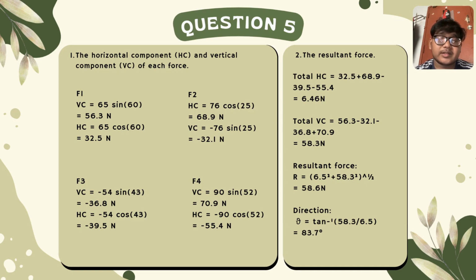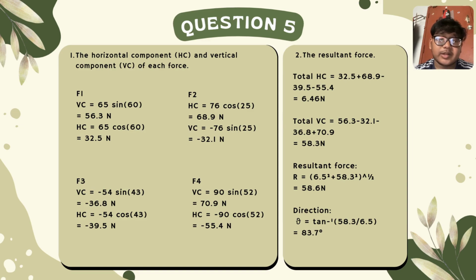For the first force, to calculate the vertical component, as you can remember from the past slide, the formula is F sin theta. So the vertical component of the first force is 65 sin 60, and we get 56.3.